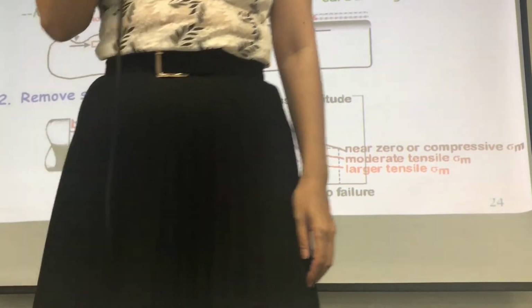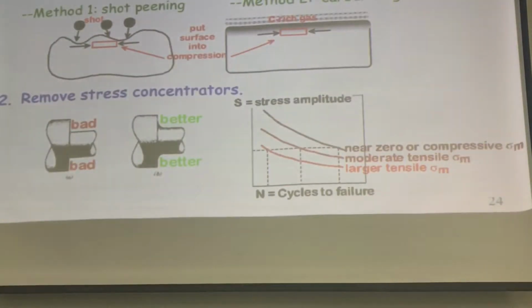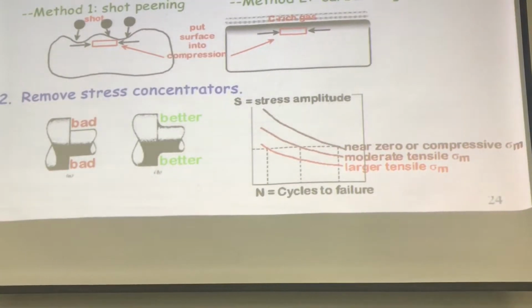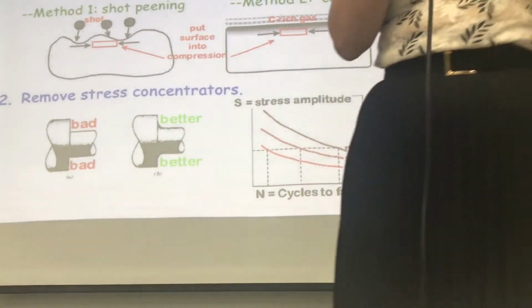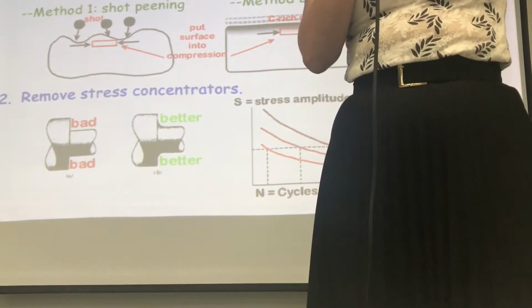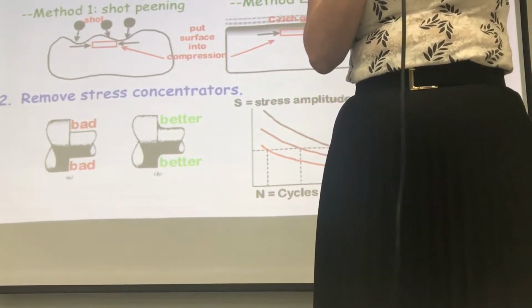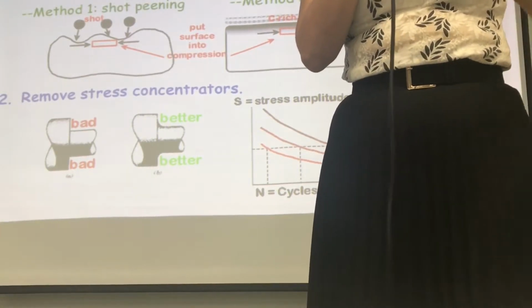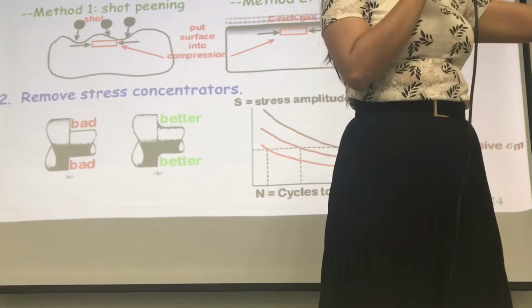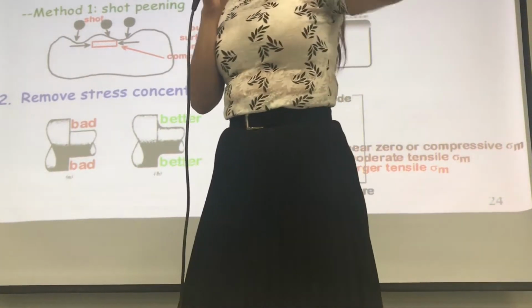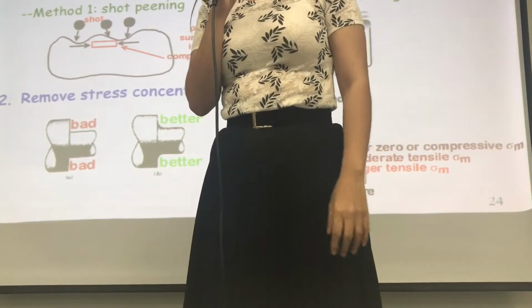A crack will tend to propagate and get larger when it is subjected to tensile mode, not compressive. Again, one more time: a crack will grow larger when subjected to tensile mode.